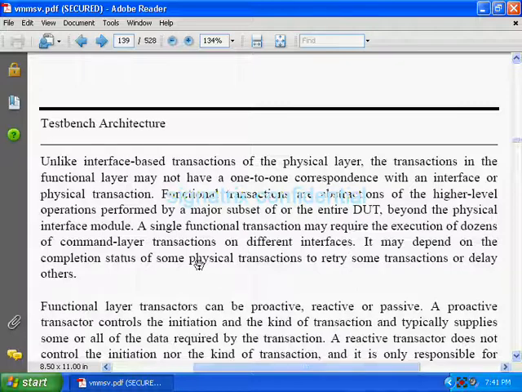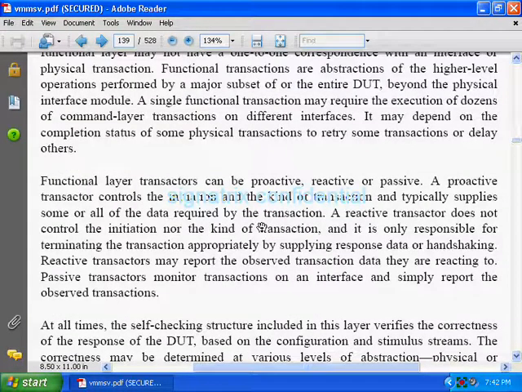So definitely your function layer will communicate to the command layer on one side and the scenario layer on the other side. So you have to manipulate many tasks. It may depend on the completion status of some physical transaction, or retry some transactions or delay others. So this is what you need to implement in the function layer transactors.